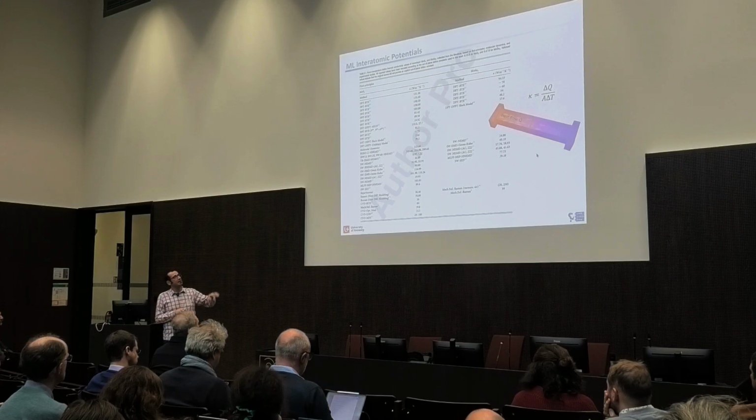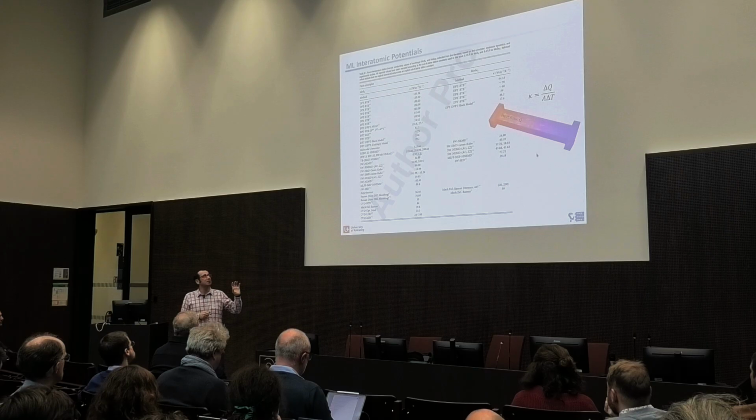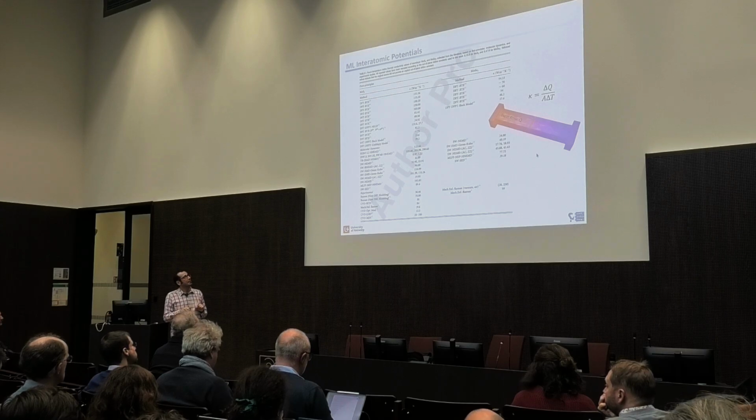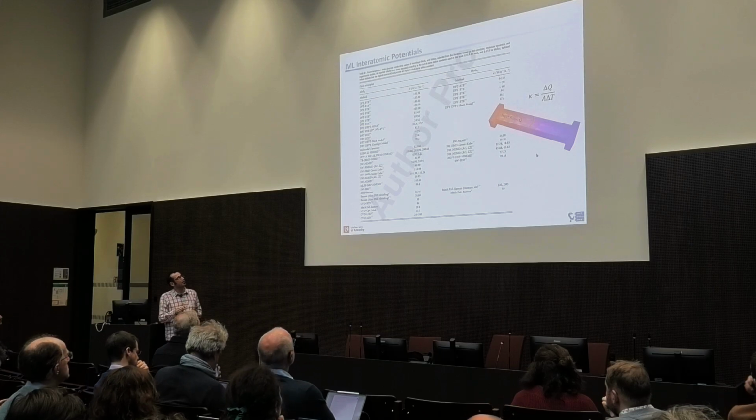And this is another example where we use our machine learning potential in order to understand the thermal conductivity of particles or two-dimensional materials. Here, these are the calculations reported in the literature.